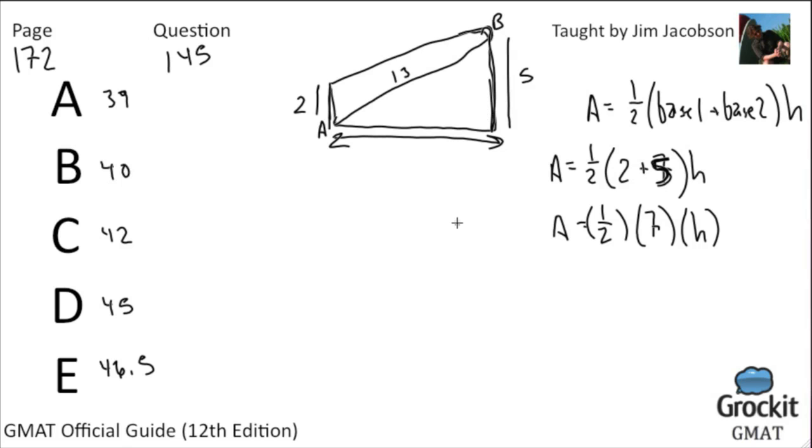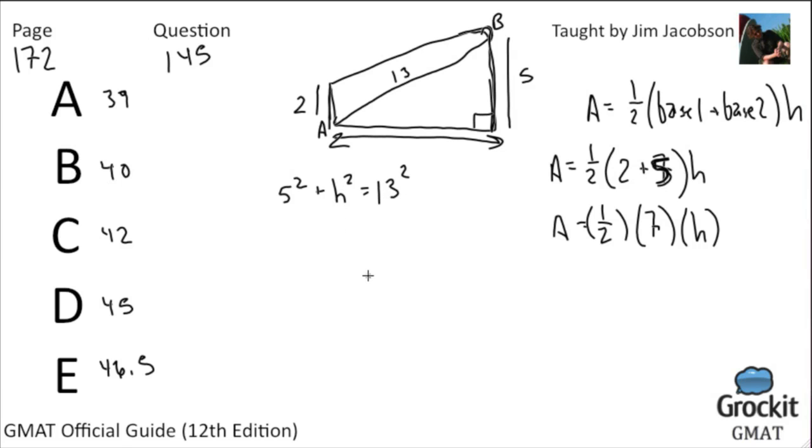And there's two ways you can go about this one. We'll do the long way first. Since this is a right triangle, we can use the Pythagorean theorem. The square of the hypotenuse equals the sum of the squares of the other two sides. So 5 squared, one of the sides of the triangle, plus, we'll call it h, because it's going to be the height of our formula here, h squared is going to equal 13 squared.